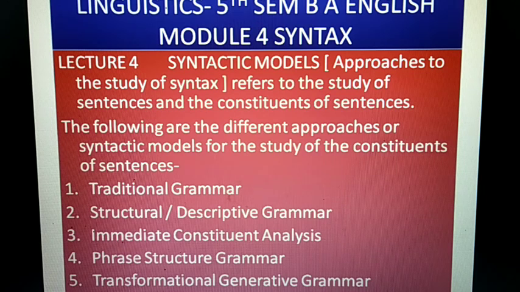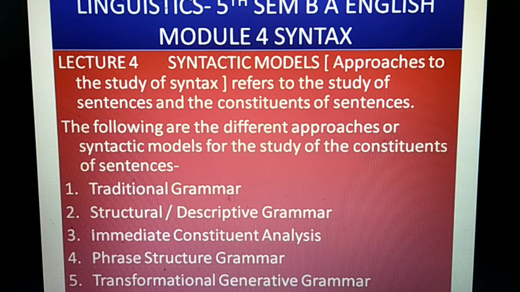What are the notions of sentence, and how did they explain sentence in traditional grammar? What is wrong with traditional grammar? Why is traditional grammar found maybe irrelevant or incomplete? These are our discussion points.